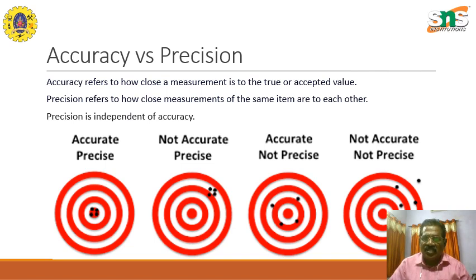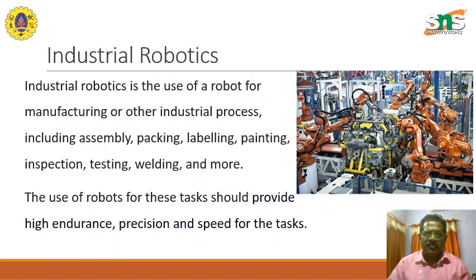This one is accurate, but it is not precise. It's all coming towards the center point, trying to be near, but it is not precise. Whereas here it is neither accurate nor precise. Everything is out and scattered around. So that is the last type of example on accuracy and precision.